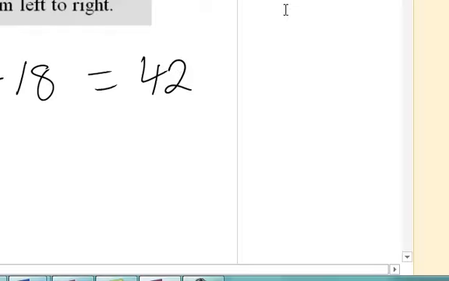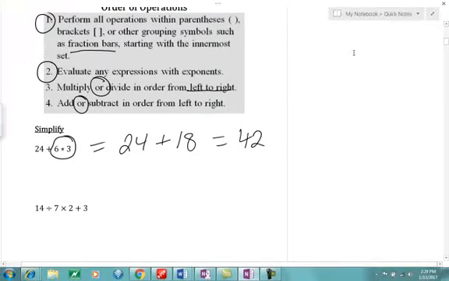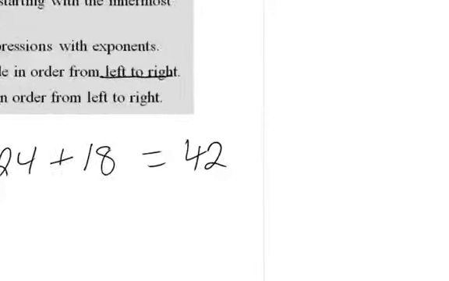I will now go to the next problem, see if we can do it the same way. So I have 14 divided by 7 times 2 plus 3. Again, I'm going to go in order from left to right. Do I have any parentheses? No, I do not. Nor do I have any exponents. Do I have any multiplication or division? I actually have both. The question is, which one do I do first?